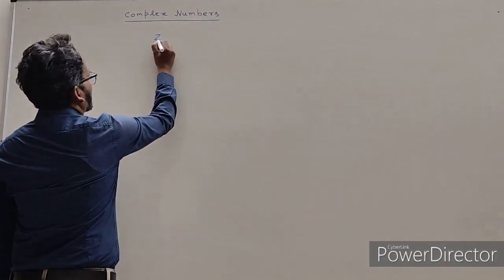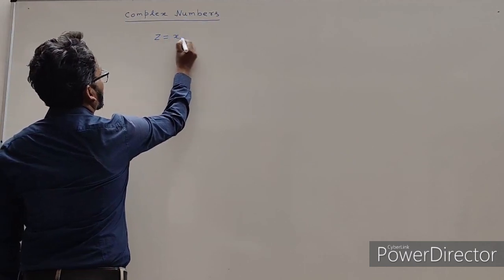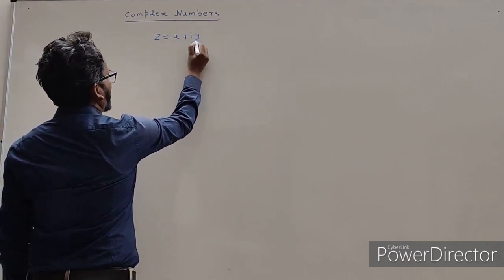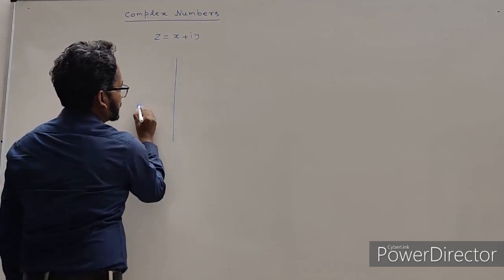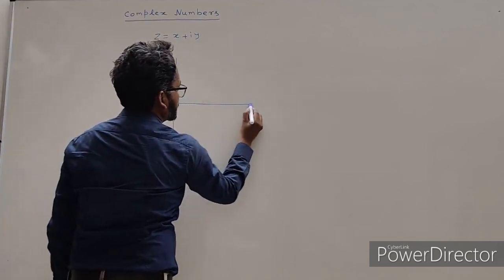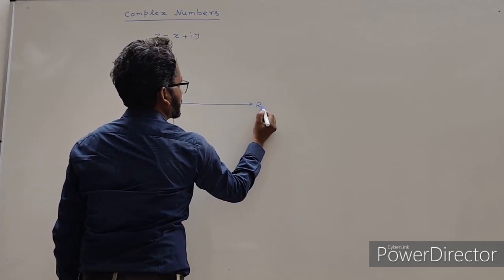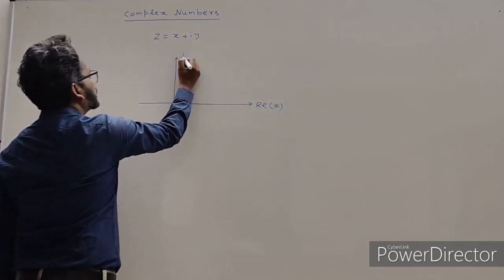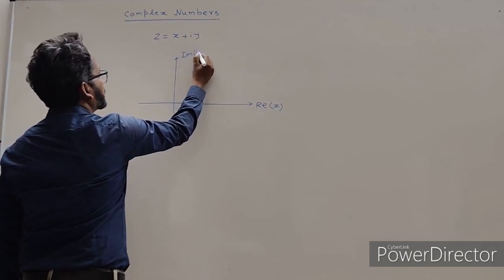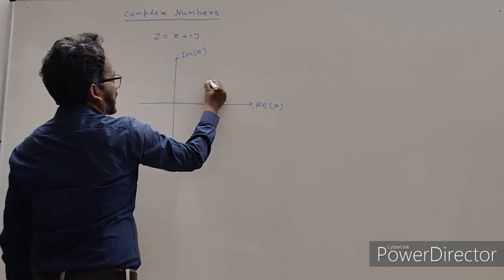Now suppose a complex number z is x plus iy, and we are plotting that on the Argand plane as a point x comma y.